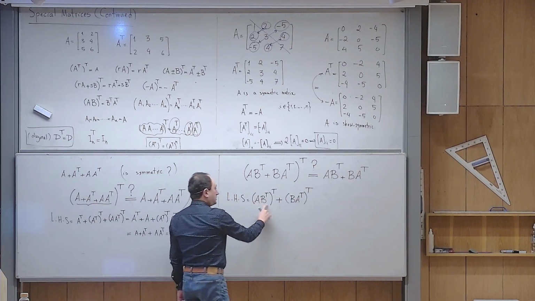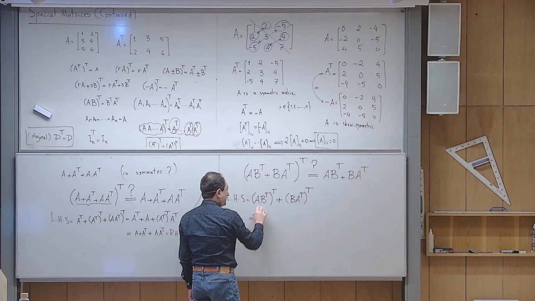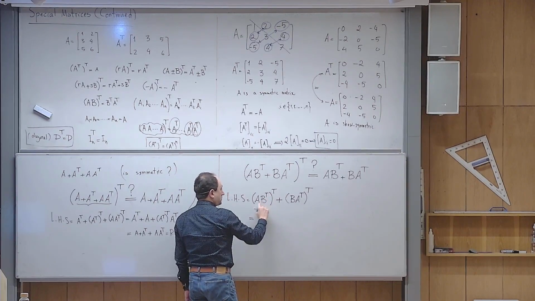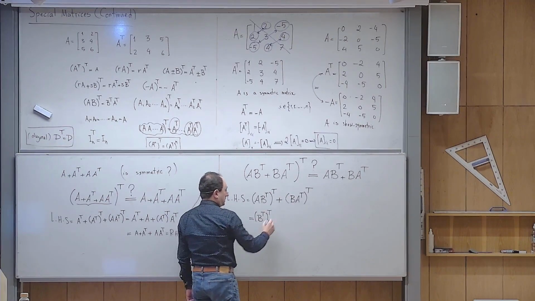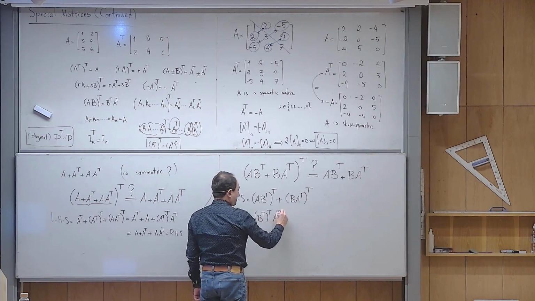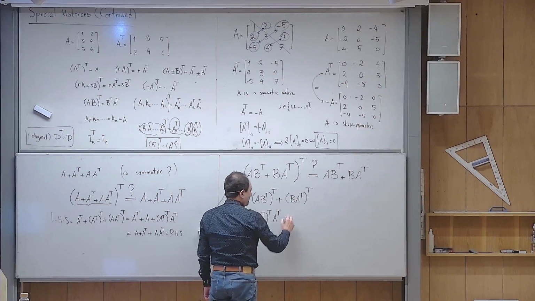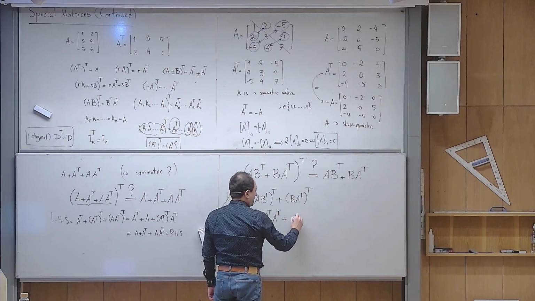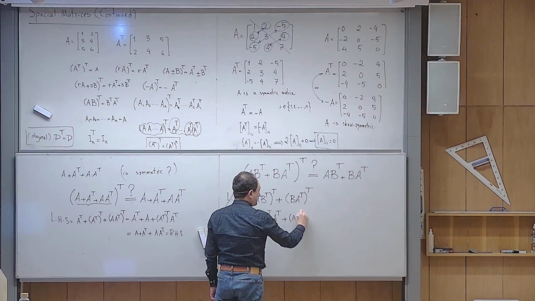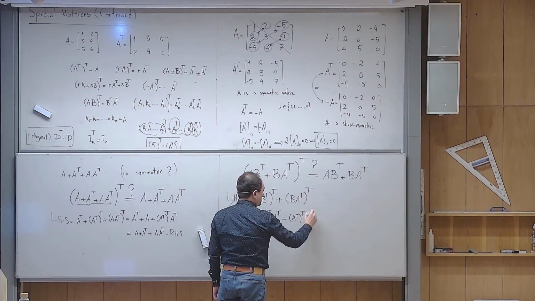But this is a product, so if you want to transpose a product, you can transpose them individually, but you need to be careful to reverse the order. So this becomes the second matrix transpose, and then A transpose, plus the same here. So this becomes A transpose transpose, and then B transpose.